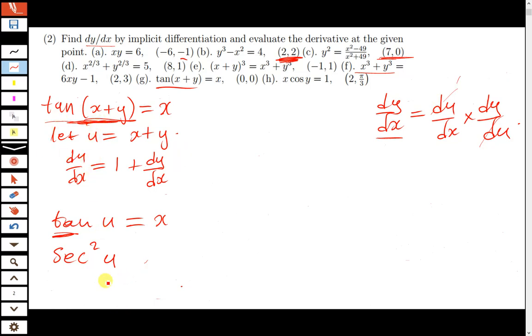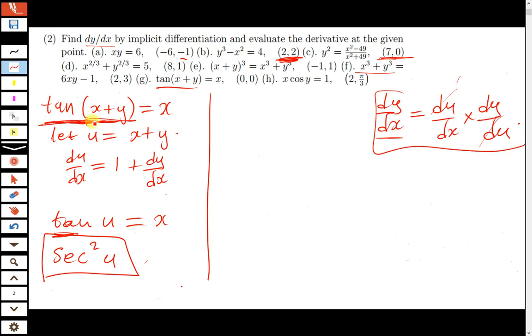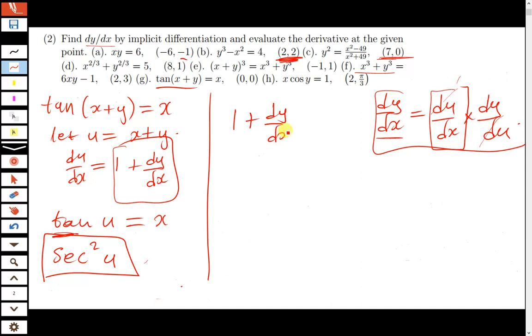So I'm not going to write the whole expression first. I've just gotten this part alone. So I'm going to say the derivative of this part is simply first found by getting du dx. So du dx is what we found here, which is 1 plus dy dx.